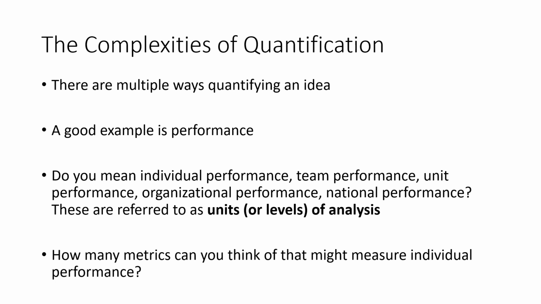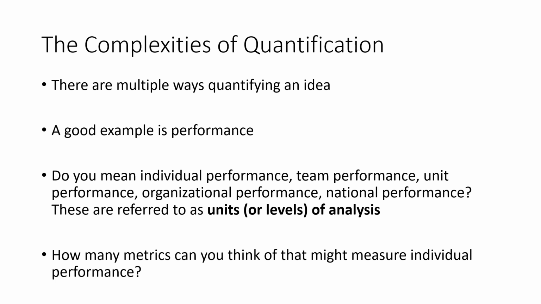So there are not only different ways of measuring performance, but there are different units or levels of analysis associated with this concept of performance. There is individual performance, that is to say, the performance of an individual employee. There is team performance, that would be a different measurement to individual performance. There's unit performance, there's organizational performance or performance among subsidiaries.